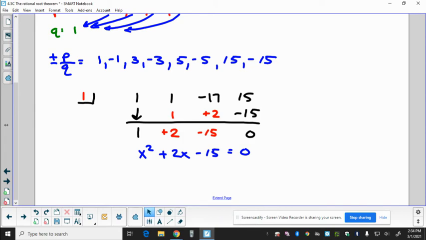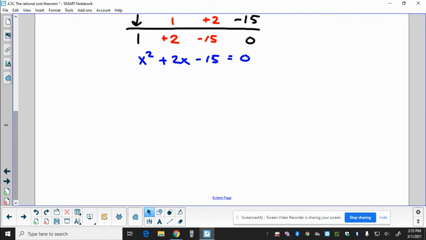Now, I'm going to remember this 1 right there is an answer, okay? We got to remember that. So what we can do now is try to solve that quadratic. And it looks like that can actually be factored.